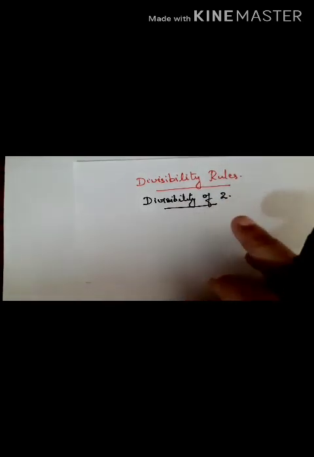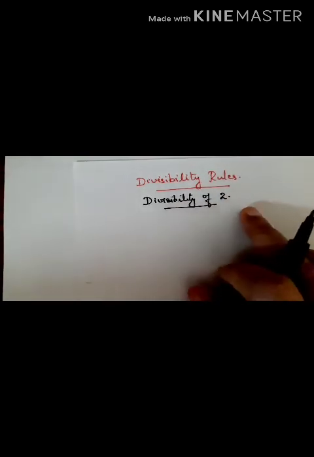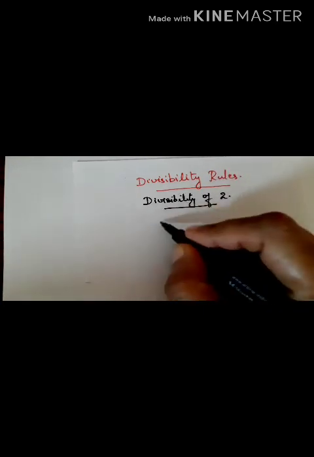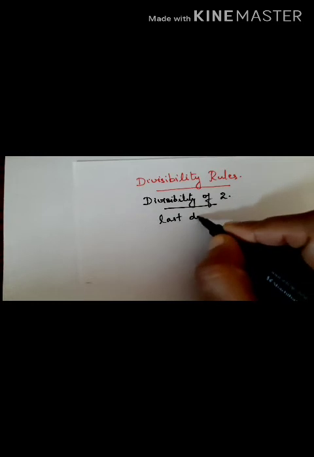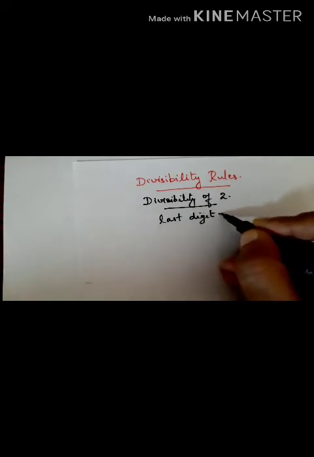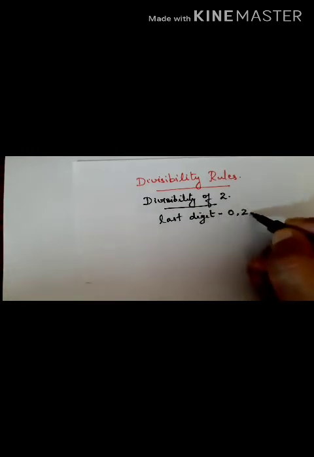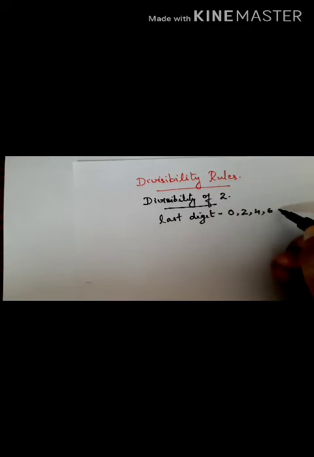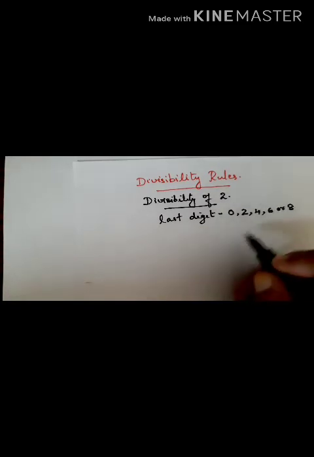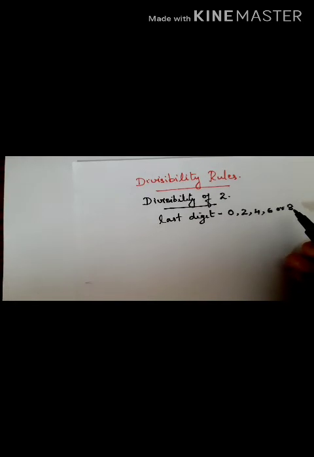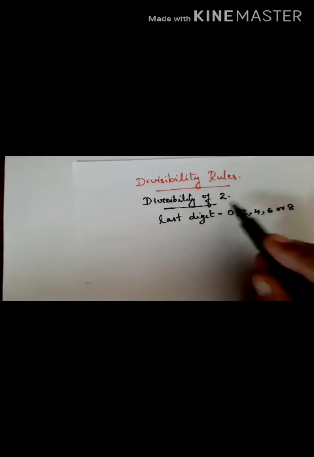To find whether a given number is divisible by 2, the last digit of the given number must be 0, 2, 4, 6 or 8. If any of these numbers come as the last digit of the given number, then we can say that that number is divisible by 2.